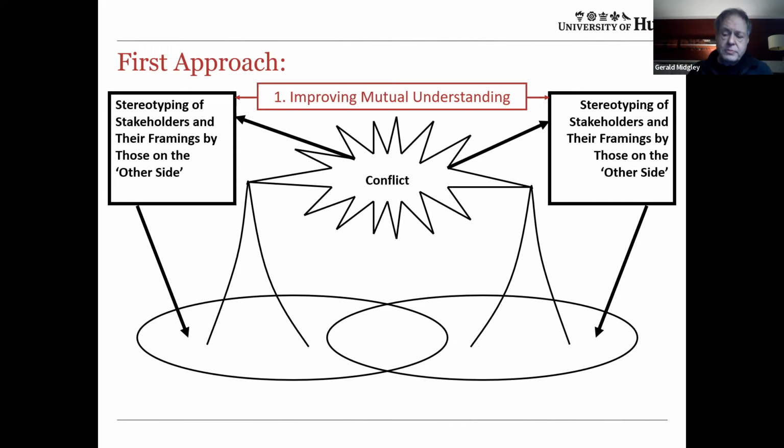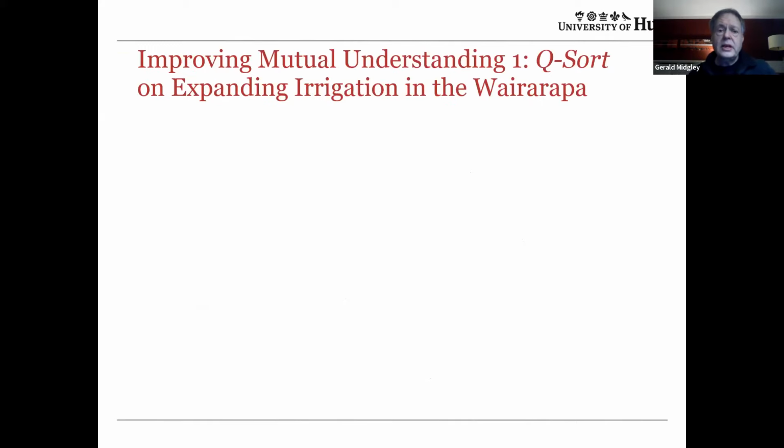So the first project example I'm going to give was a project on expanding irrigation in the Wairarapa. The Wairarapa is a really dry farming area of New Zealand. It's mostly beef farming and sheep, which is really all you can do on dry land in New Zealand.